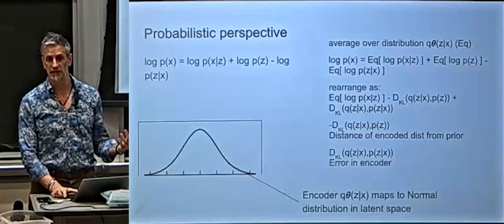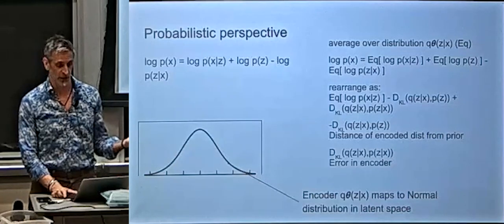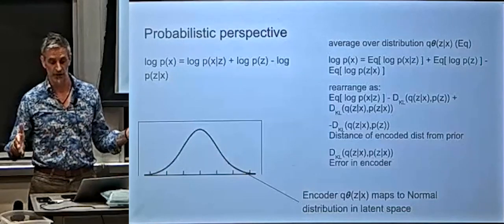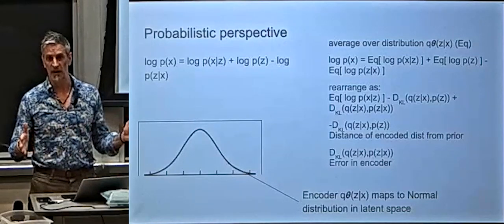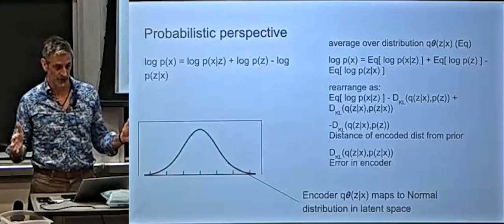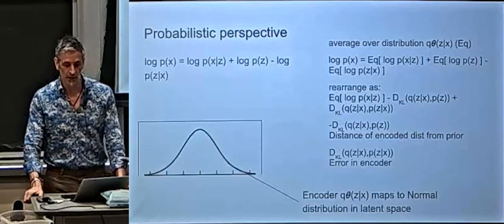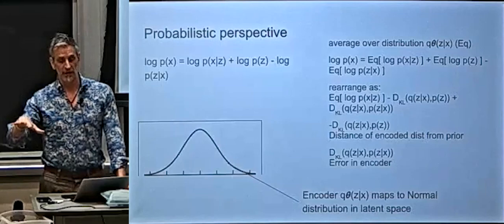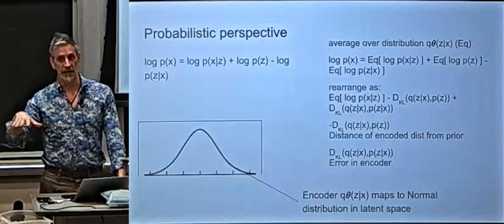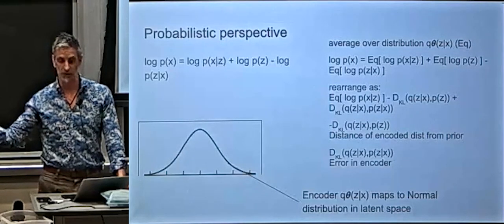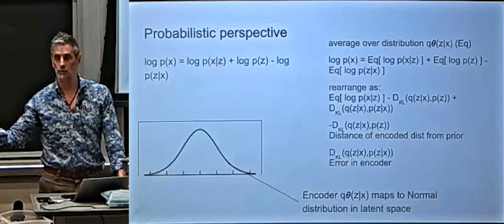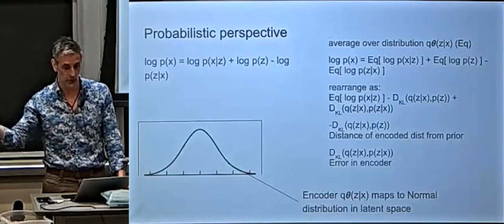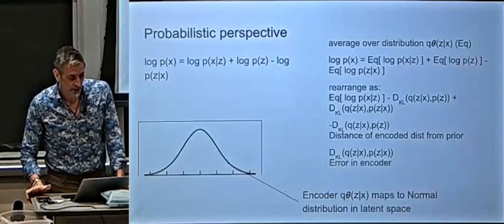Well, P of X doesn't depend on Z, so I just get log P of X. It doesn't matter that I've averaged it over different values of Q of Z given X, right? And certainly if I integrate Q of Z given X over all Z, I'm just going to end up with 1, right? There has to be some Z. The total probability has to be 1.